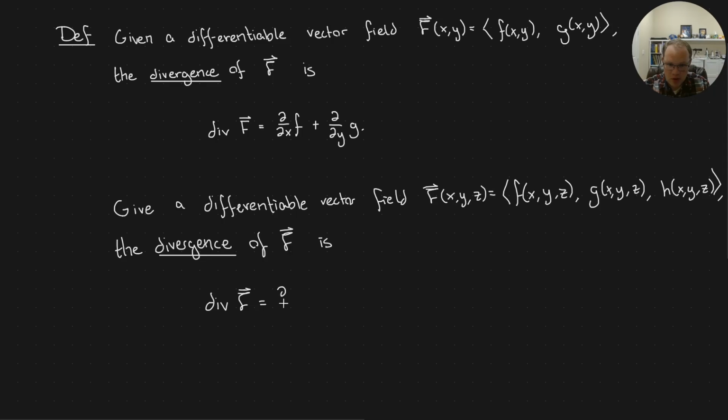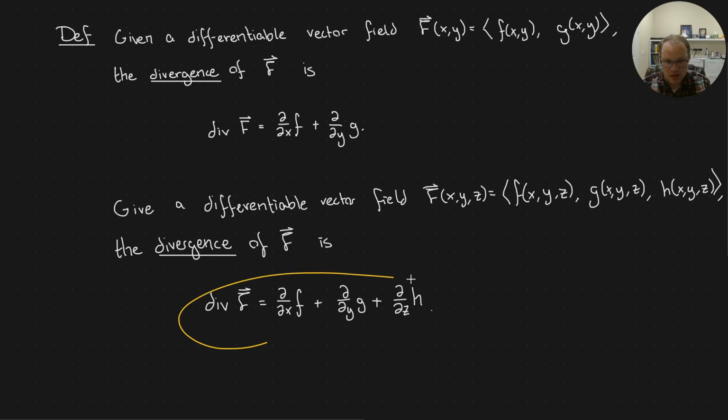We're going to take the partial derivative of the first component with respect to the first variable, the partial derivative of the second component with respect to the second variable, the partial derivative of the third component with respect to the third variable, and we add them all together. That's the divergence of a vector field in 2 dimensions and in 3 dimensions.